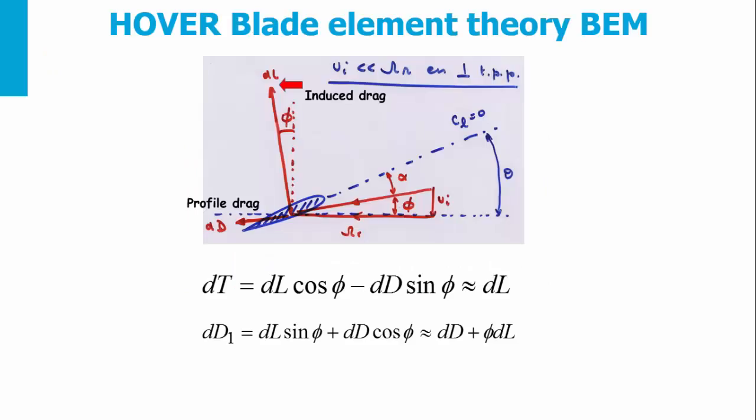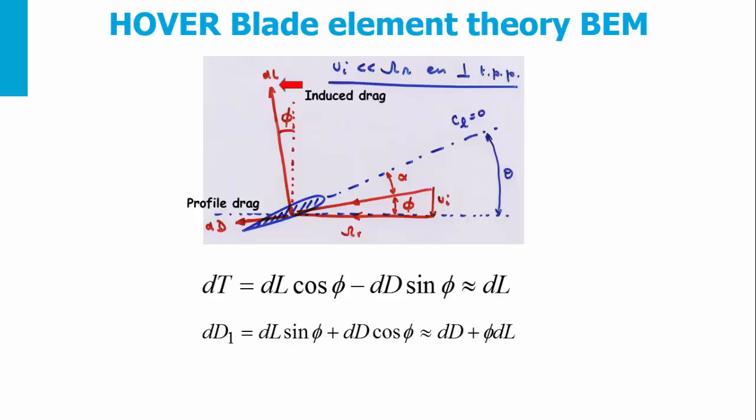Going back to the helicopter blade element, one can write the lift and drag forces dL and dD on the blade element and project these forces on the tip path plane and perpendicular to the tip path plane.